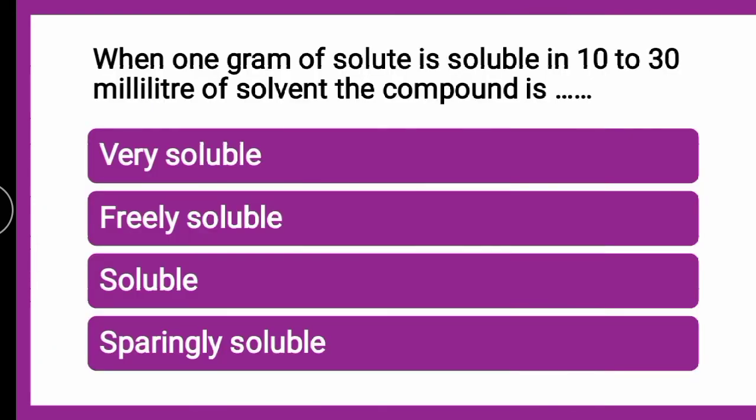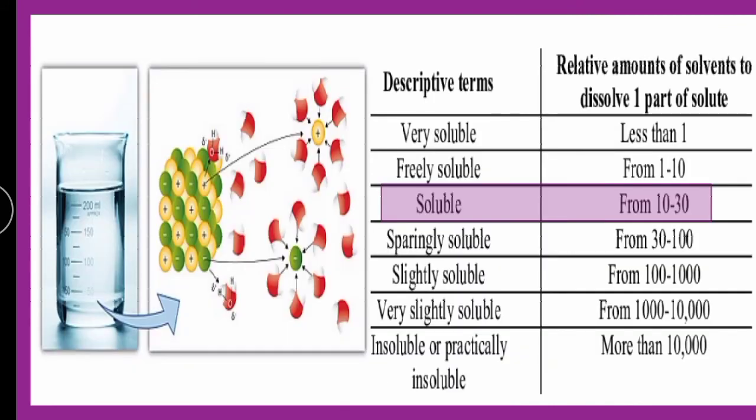Next question is, when 1 gram of solute is soluble in 10 to 30 ml of the solvent, the compound is dash. Whether it is very soluble, freely soluble, soluble or sparingly soluble, the correct answer is it is soluble. When 1 gram of solute is soluble in the solvent from 10 to 30 ml, the description term is soluble.